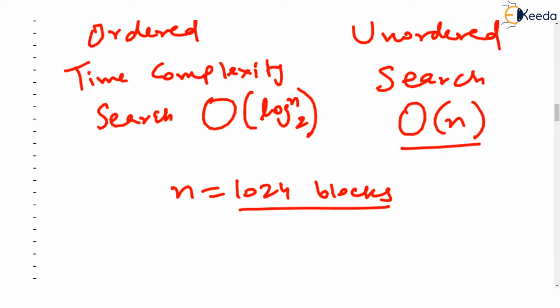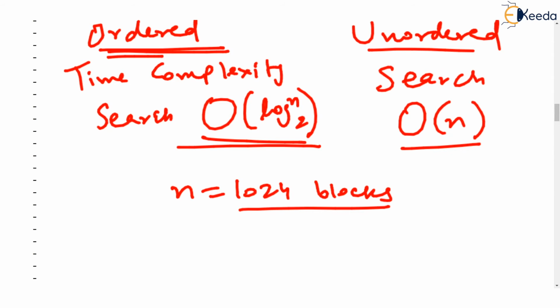Just imagine one block access of hard disk takes 1 millisecond, then this is going to take 1024 milliseconds, which is a lot of time. Whereas the ordered file is going to just take 10 block accesses. That's because log of 1024 to the base 2. So keeping a file ordered on some particular key can be beneficial as compared to keeping the file unordered.